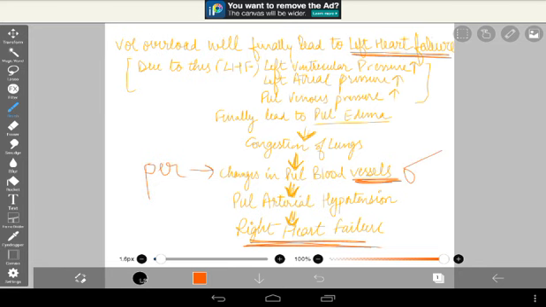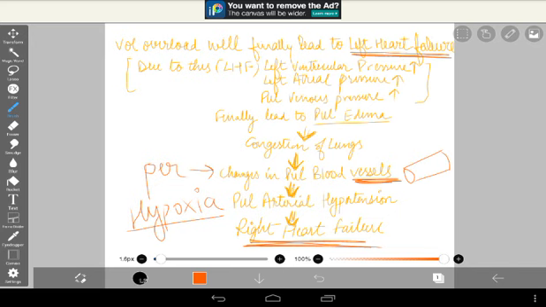Some of the changes are permanent and are caused by the congestion of the lungs. Hypoxia will occur, and due to that hypoxia, pulmonary arterial hypertension will be caused, and due to that pulmonary arterial hypertension, eventually right heart failure will also occur.